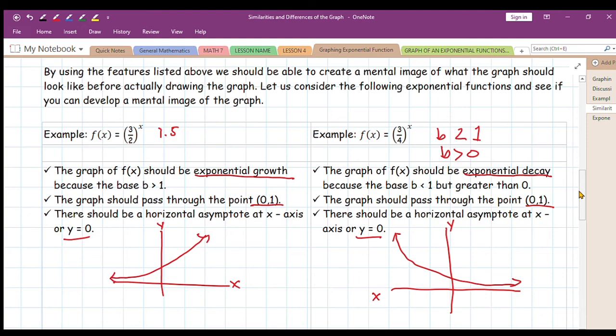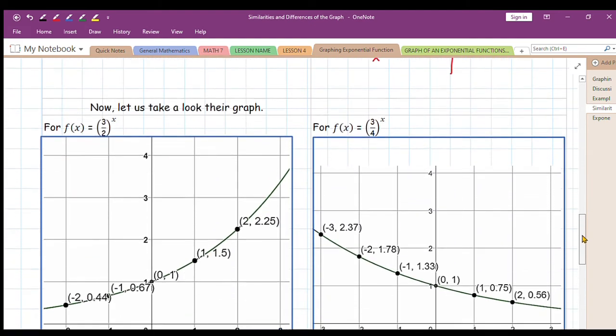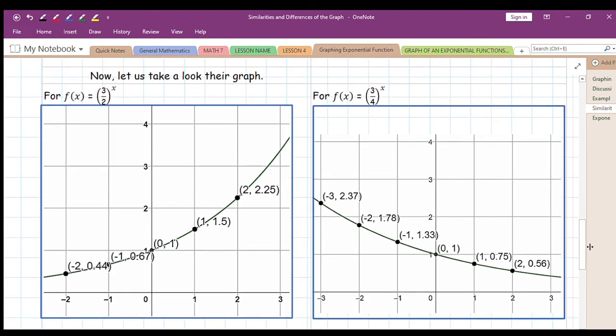So now, take a look at this graph. Okay, ito na po yung naging graph ng above given. So we have this graph, and this graph here is an exponential growth, and this one is an exponential decay.